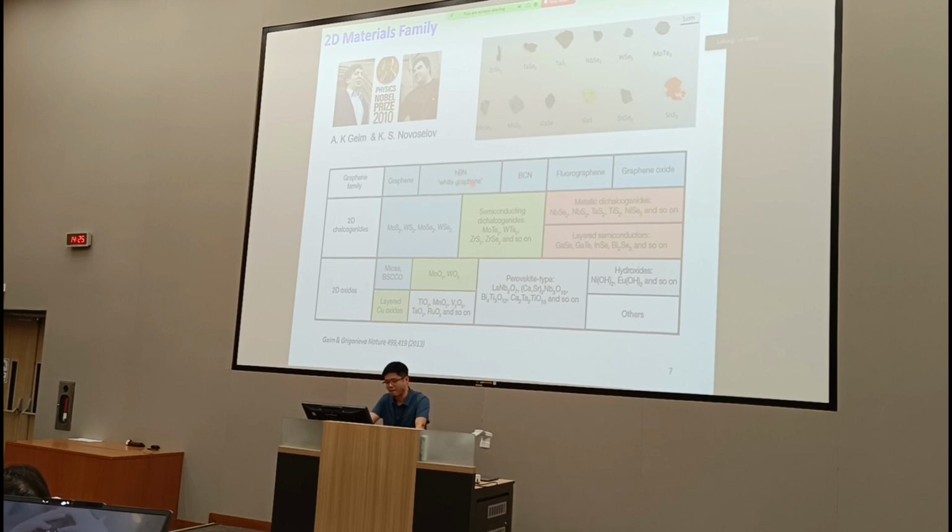Starting from graphene, you see that a wide range of 2D materials has been developed, including boron nitride, different types of graphene derivatives, and also these two-dimensional Dichalcogenides, for example TMDs, MS2, right? There can be semiconductors, and there can be metallic ones, for example NbSe2 or TaS2, right? You can basically find all sorts of quantum phases or electronic properties in the 2D field. In conventional materials, you have metal, insulator, and semiconductor.